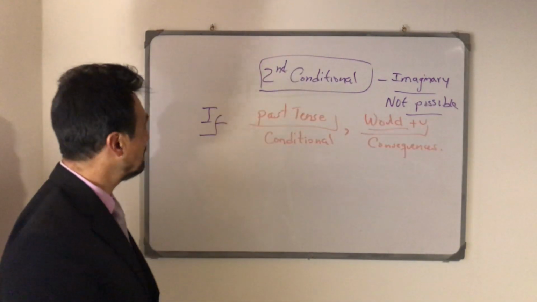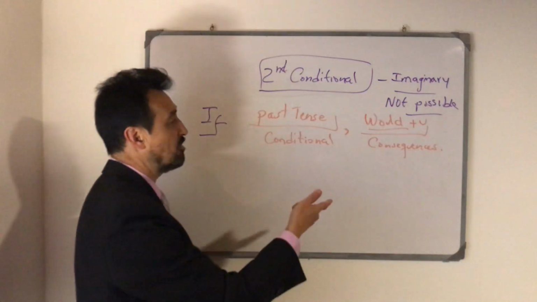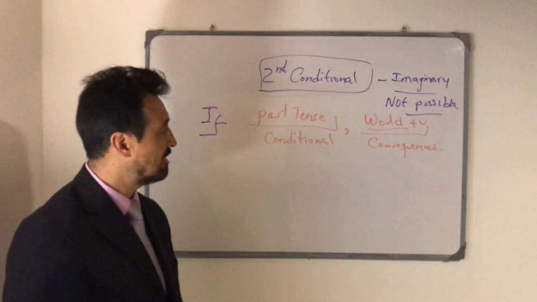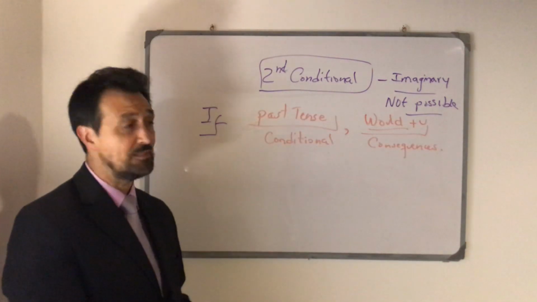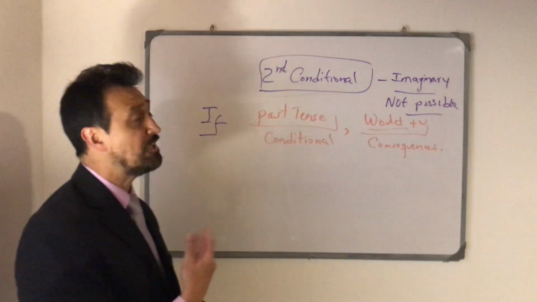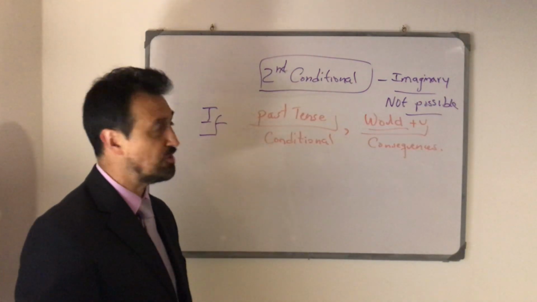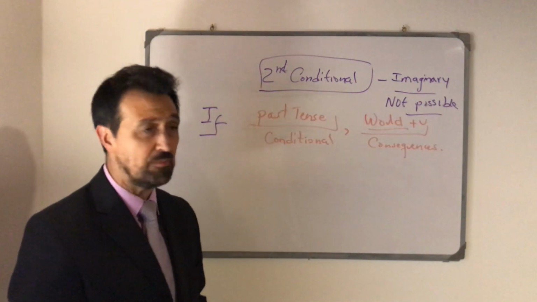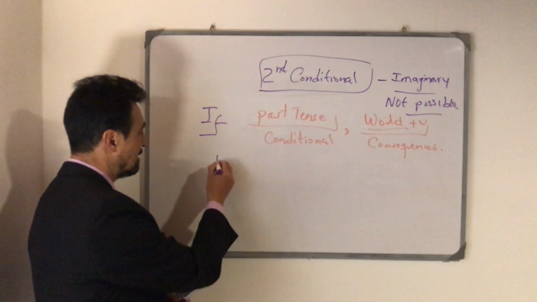Check again and concentrate. Two parts: the conditional part and the second, which is the consequences. The first part is in the past tense, the condition. And the consequences use would, the conditional verb, plus the principal verb. Let me put one example using this.